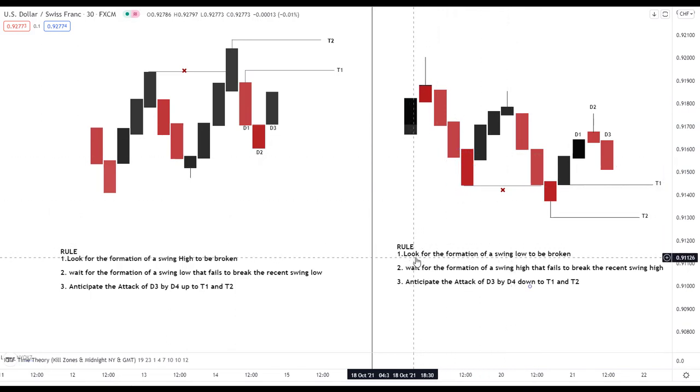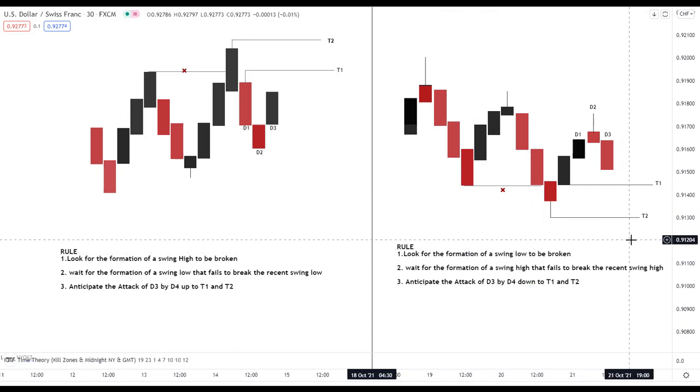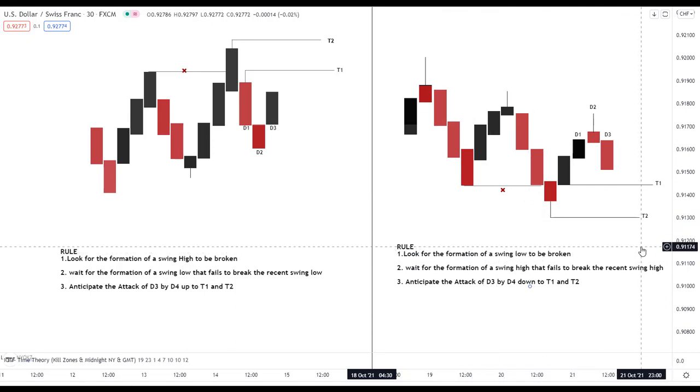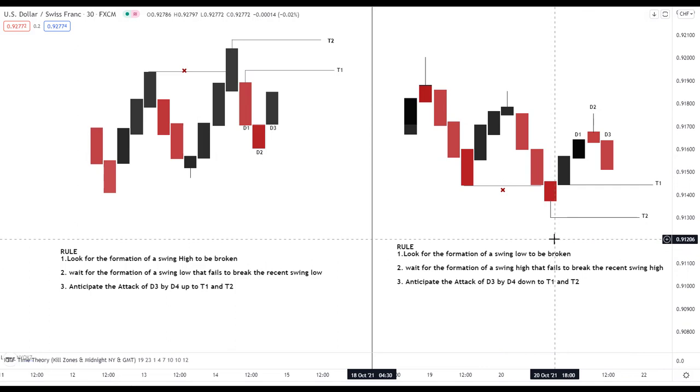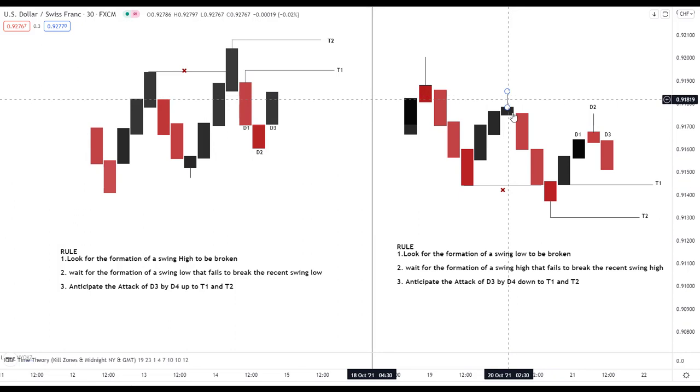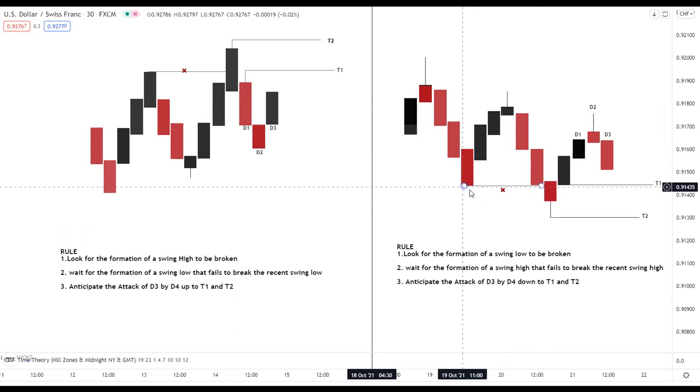Look for the formation of a swing low to be broken. And we have that here. Now we wait for the formation of a swing high that fails to break the recent swing high. So we've got a swing high here. We've got a swing low that took out the previous low, rule 1.